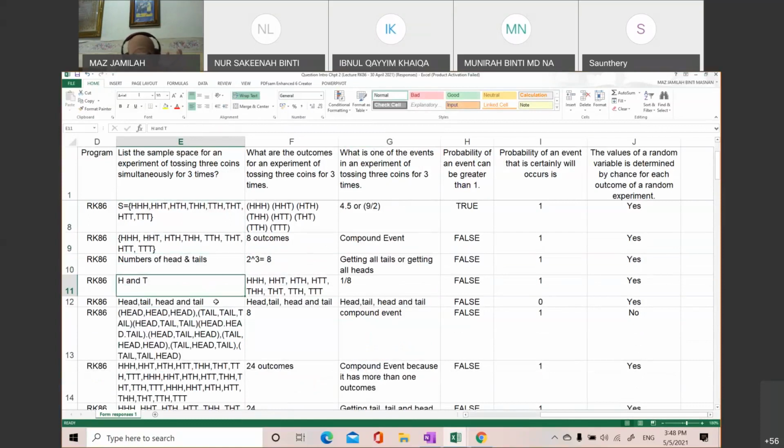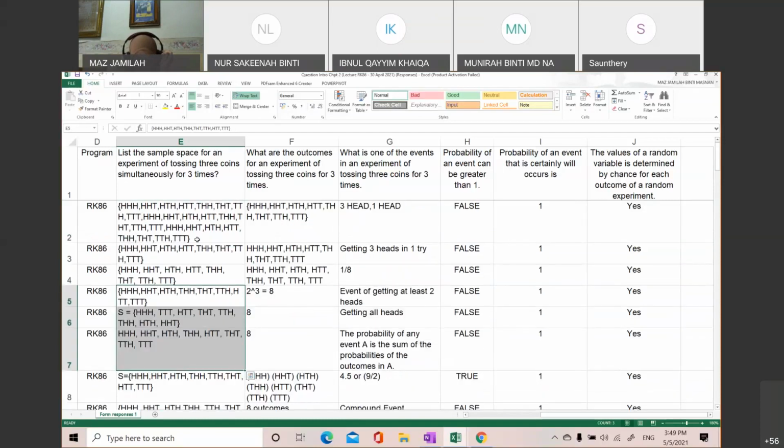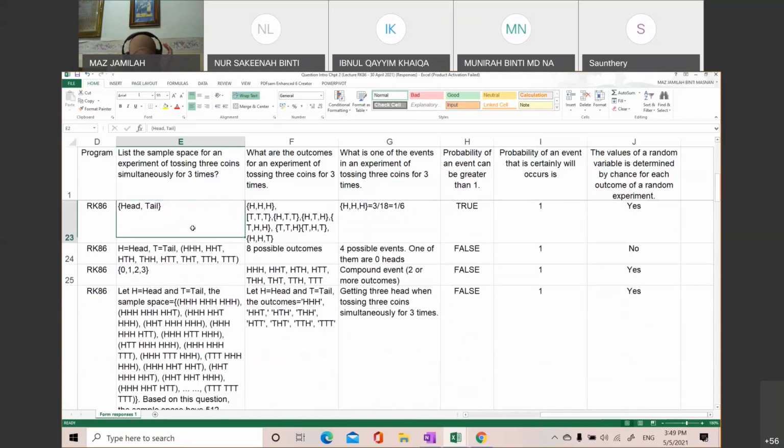A sample space is a list of outcomes that you may have if that particular experiment is implemented, so this is not what we call a sample space. This one, yes. But among this one and this one, which one is correct? Let us look later. Head and tail, wrong. This could be correct. This is wrong.